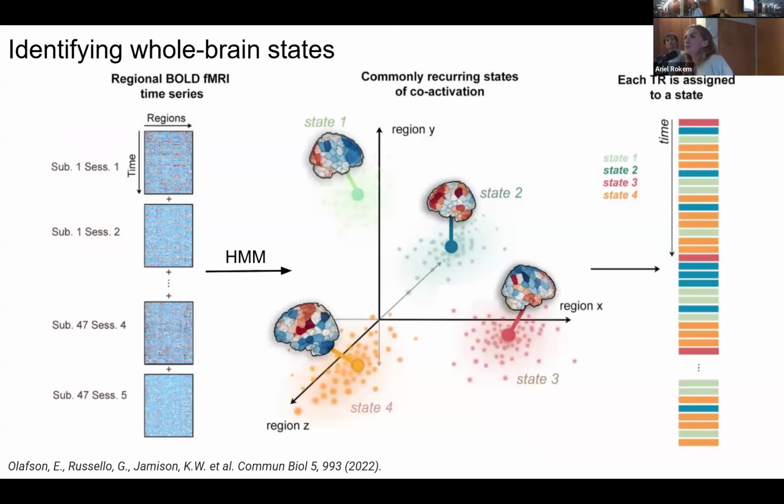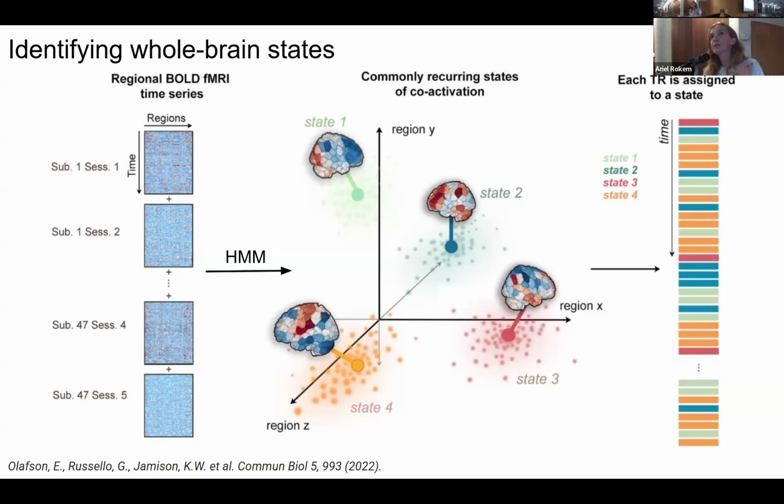So, introducing the concept of identifying whole brain states. You have your voxelized time series, so you have this regional BOLD activity. You can parcellate it into ROIs or use network-level signals, and you have this for each subject, session, whatever. Then there are a few different approaches. We chose a hidden Markov model because it takes into account the temporal sequence of these patterns.